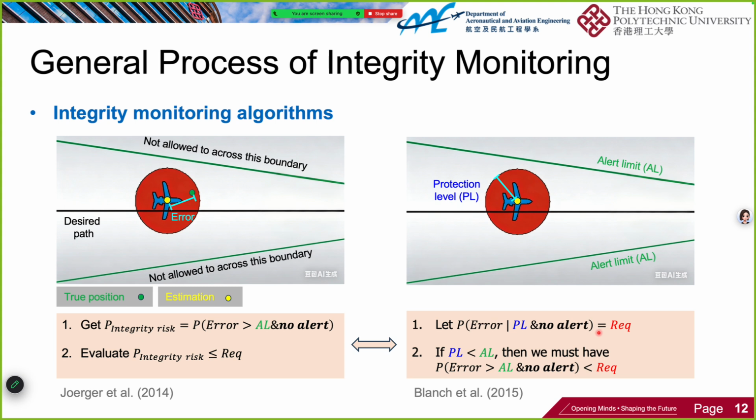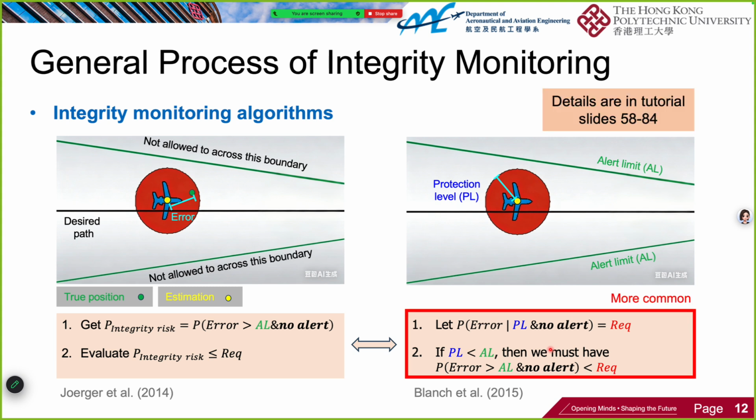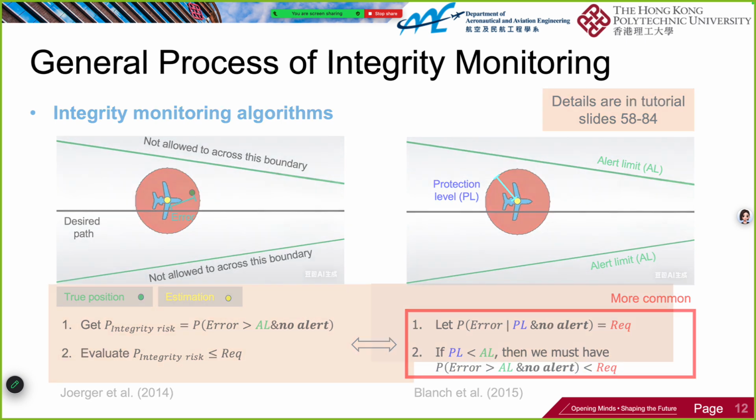Then we can solve for the protection level. If the protection level is smaller than the alert limit, then we can guarantee that the integrity risk is below the required value. In practice, the second approach is more common, and details can be found in my tutorial slides.